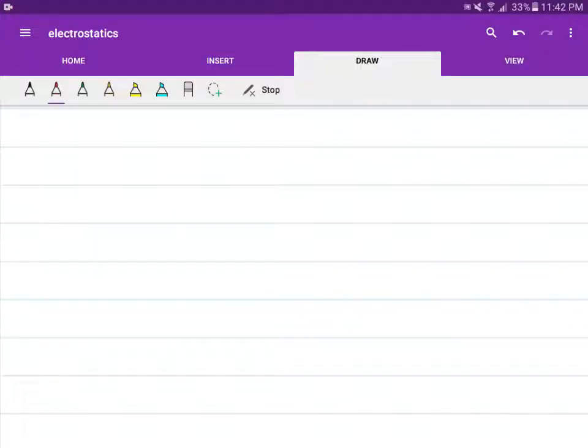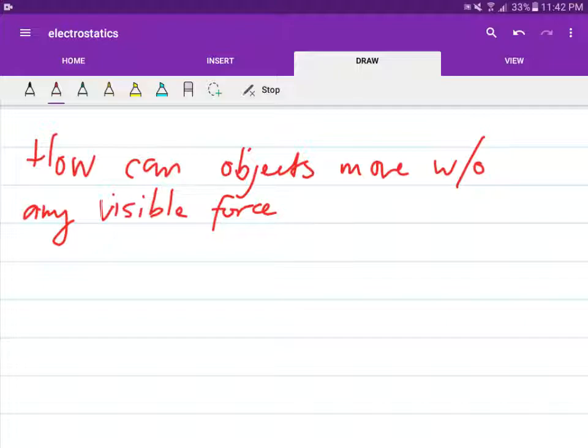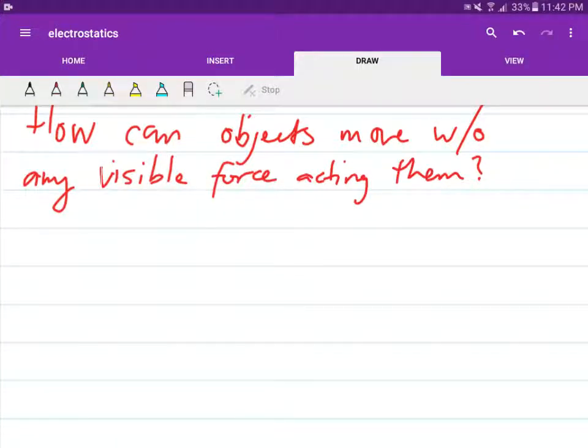So let's ask first this question. How can objects move without any visible force acting on them? From intuition, we know that if we kick a ball here, we apply a force and the ball will move in this direction.